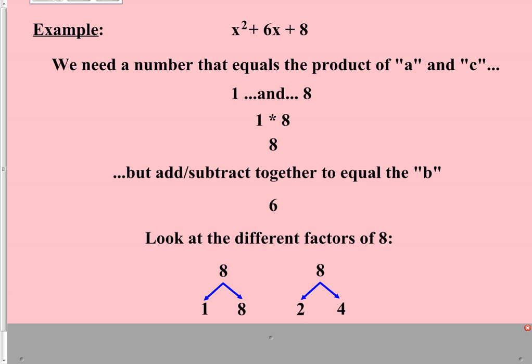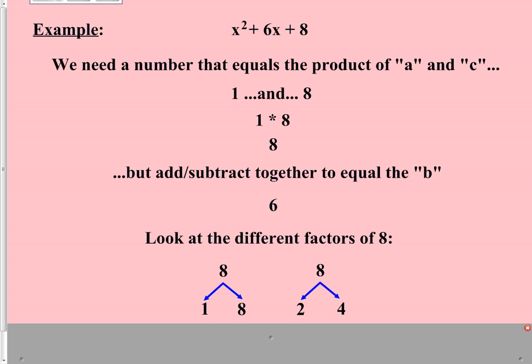Those are both valid factorizations of the value 8. Sometimes you will have a whole lot of little factors that your value will break down into. This time it only breaks down 2 different ways. So we can see that our two factors are either going to be the 1 and the 8, or they're going to be the 2 and the 4. Now, how do we decide which?